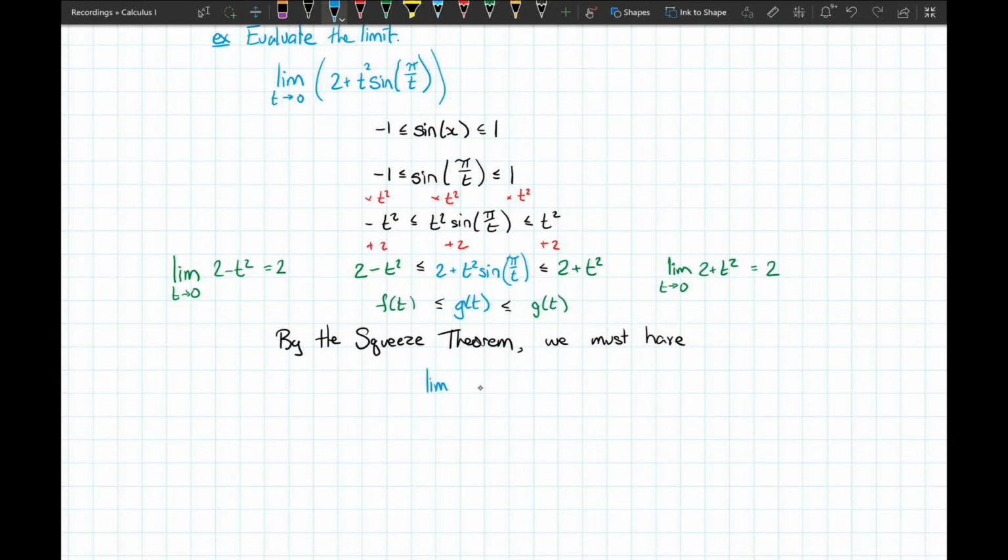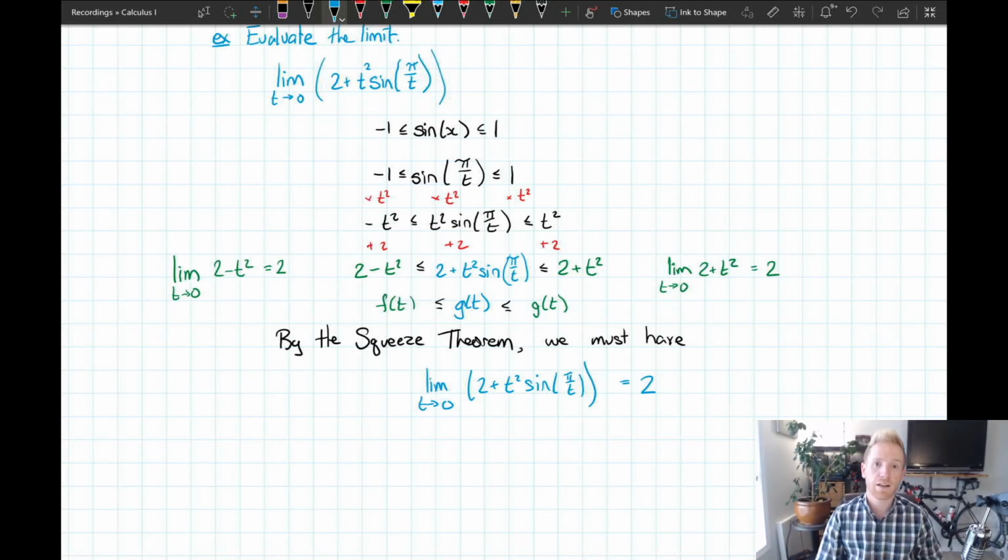The limit of g of t, in this case 2 plus t squared sine pi over t, must, since it is squeezed, have a limit as t approaches 0 equal to 2 as well, even though this function is undefined at 0. It is simply another function that we can make as close to 2 as we like by choosing values of t sufficiently close to 0.